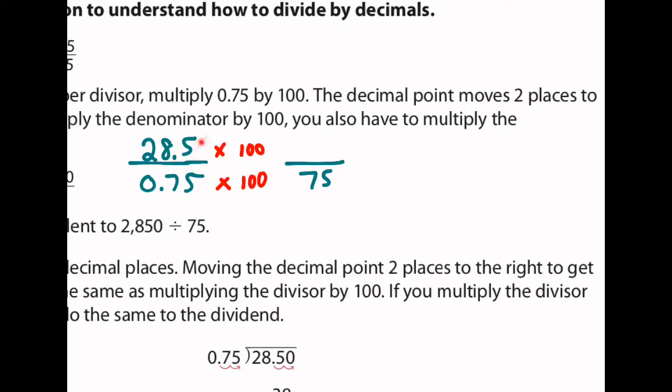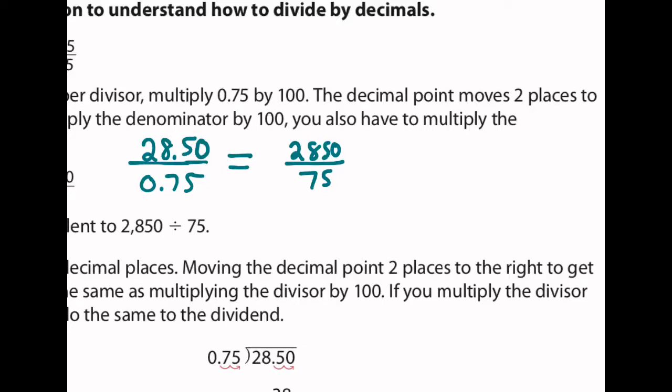Now I'm going to have to add a 0 here so that I can move it twice to the right. And now when I move my decimal twice to the right, I'm going to get 2,850. Now, because I multiplied the numerator and denominator both by 100, that means that these fractions are equivalent.